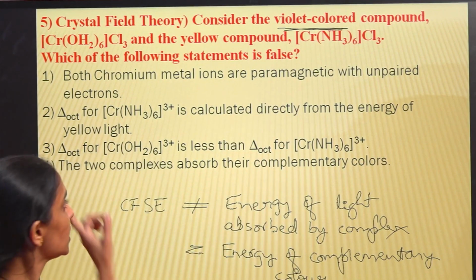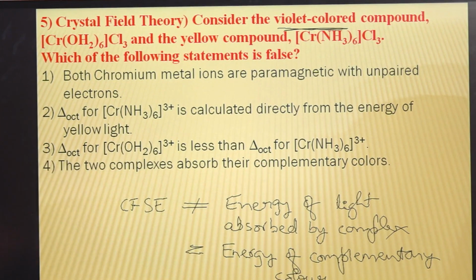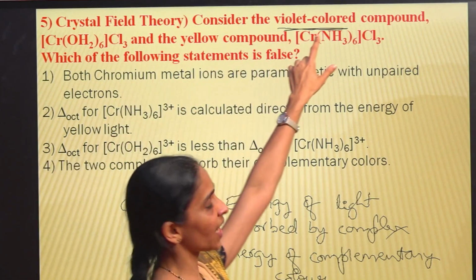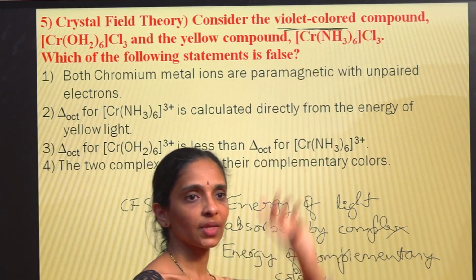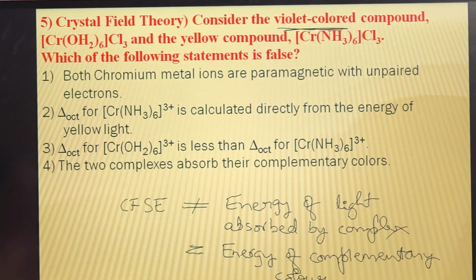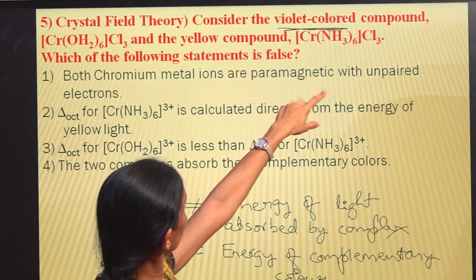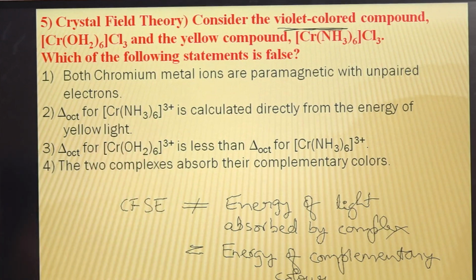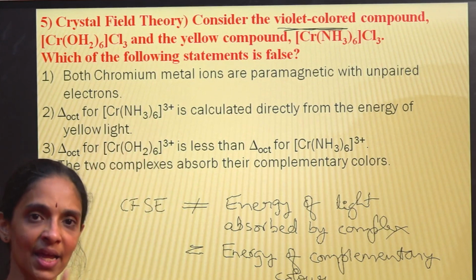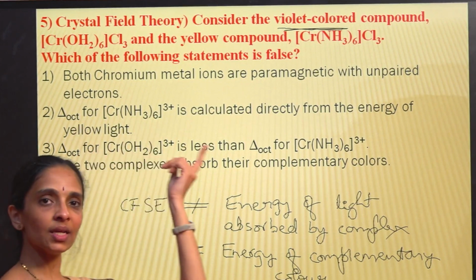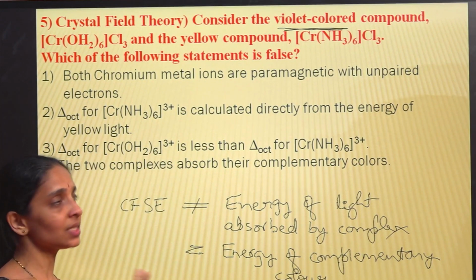That is why CFSE in the first case will be the energy of yellow light, not violet light. And in the second case, what is the color of the complex? It is yellow. So CFSE is not equal to yellow energy. It is equal to the energy of the complementary color, that is violet.